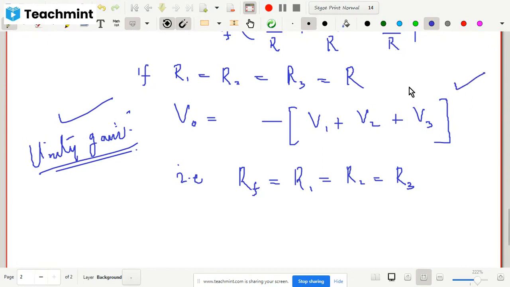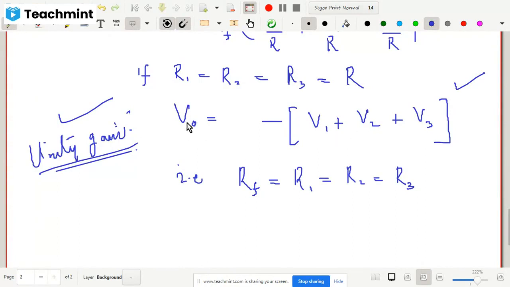Now you see this formula. If I am designing in such a way that all the input resistances are equal, and the value of the feedback resistance is also equal to the input resistances, then you can design an amplifier which will give you the sum of the input voltages.